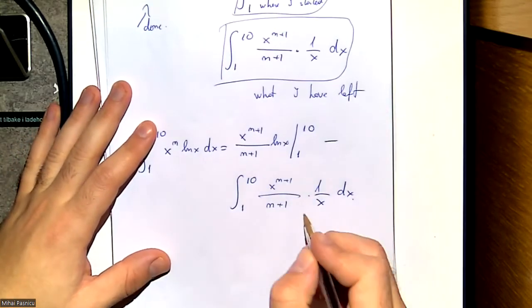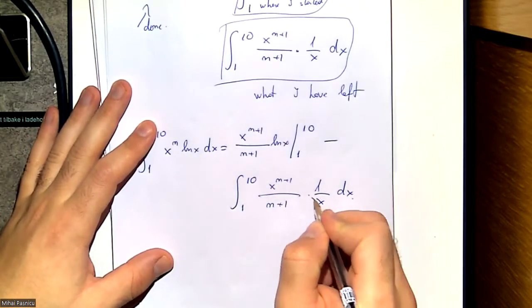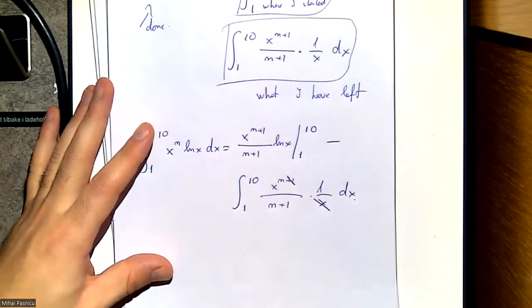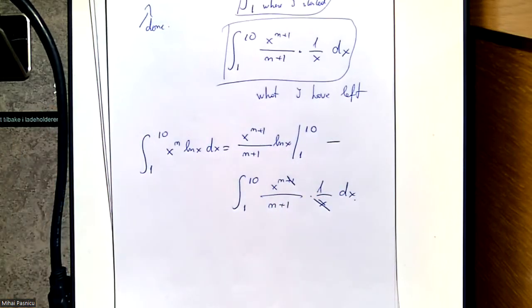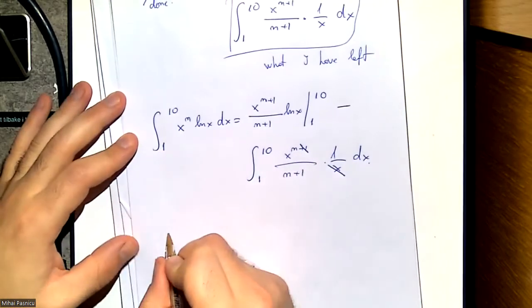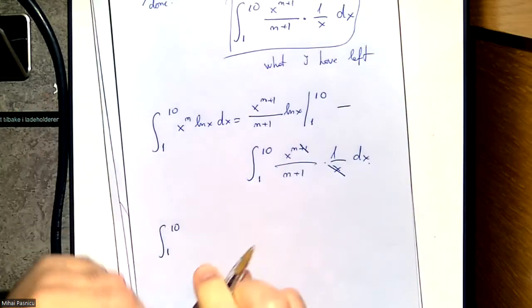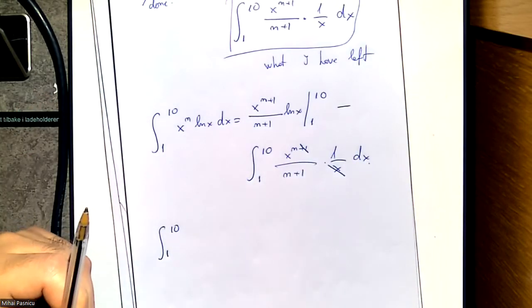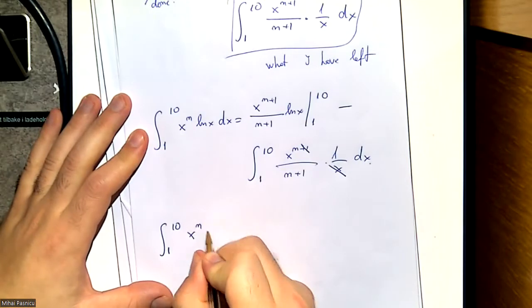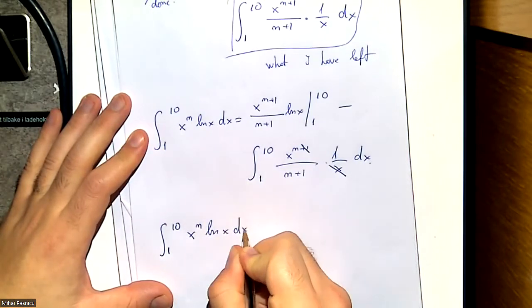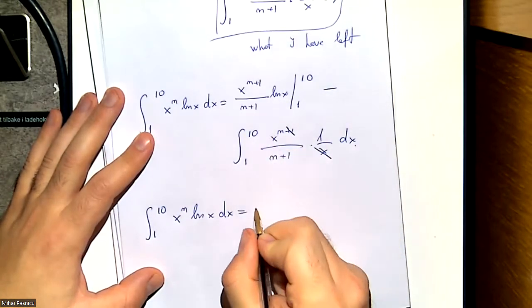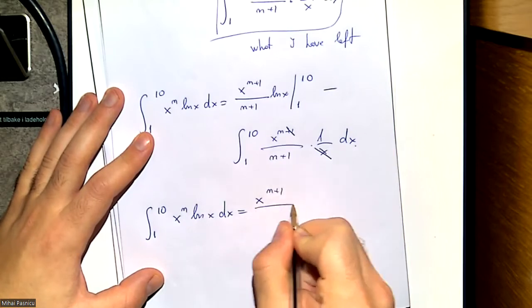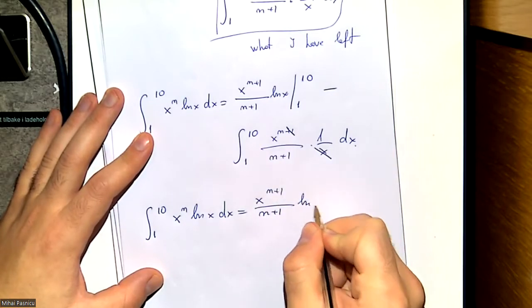Now, why did I use this writing? Because x goes away with x here, so what I have left is just the integral. What I have left is this thing, which again is just plugging in numbers, so this is not bothering me.